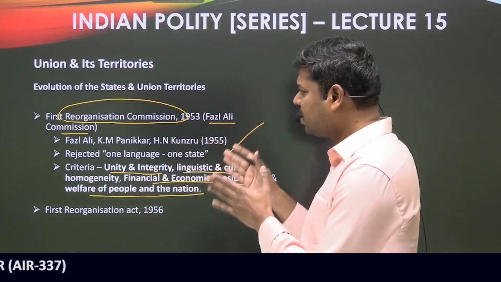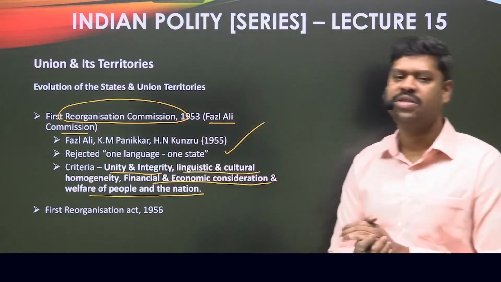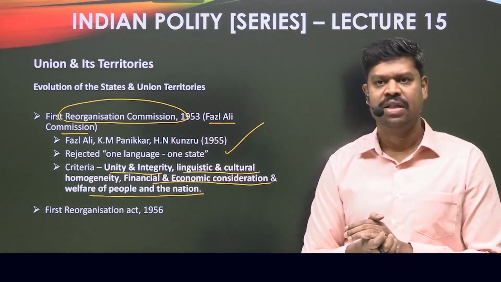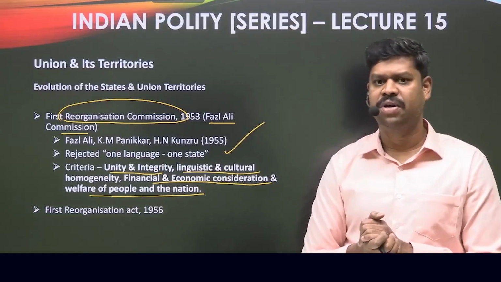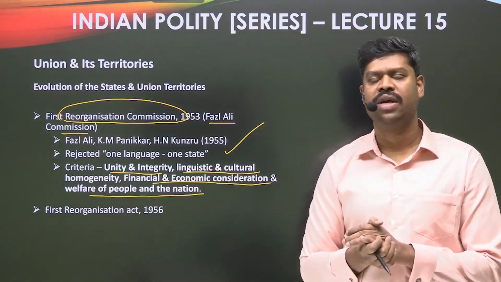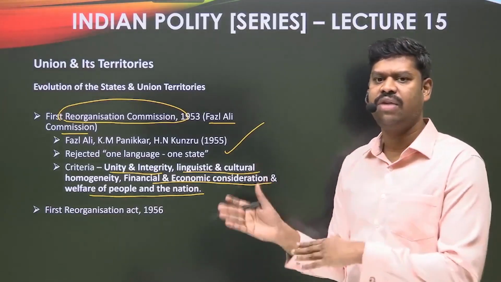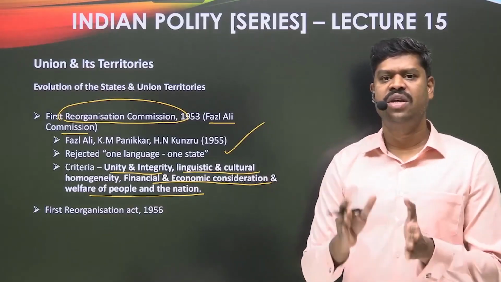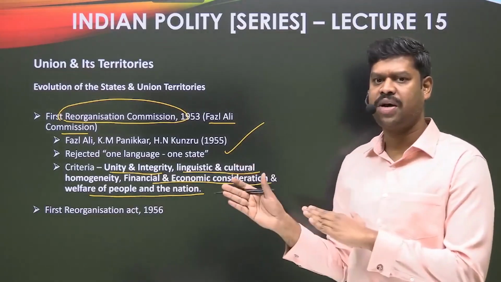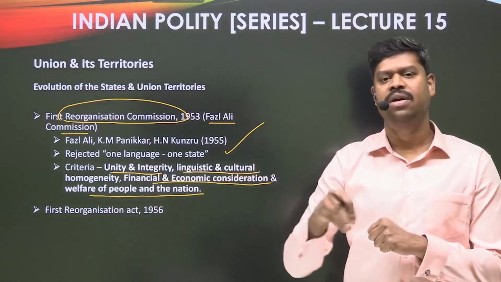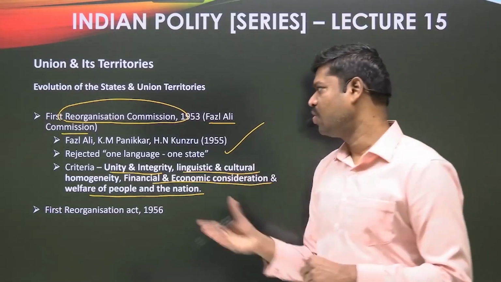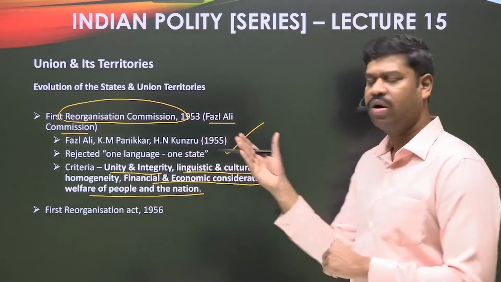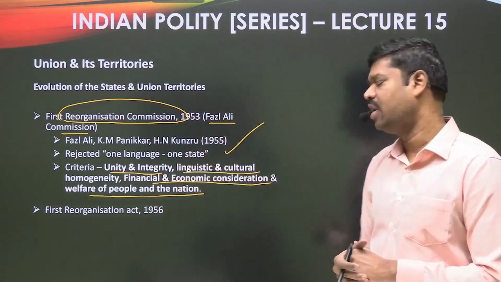Now, based on the recommendation given by the first Reorganization Commission, the government of India accepted this report and passed the first Reorganization Act 1956. The first Reorganization Act 1956 was passed in order to implement the recommendation given by the Reorganization Commission, or the Fazl Ali Commission.